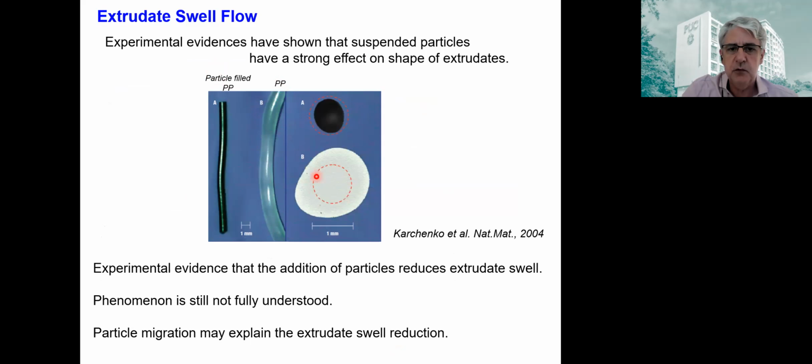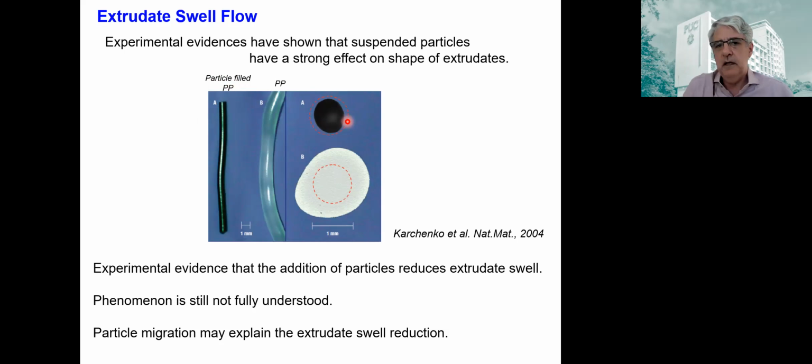This red circle would be the diameter of the slot of the capillary where this is being extruded from, and you can clearly see the extruded part is much larger than the orifice diameter. But now if you have particles filling this polypropylene solution, you see that there's no extrudate swell. There's actually a contraction of the material.